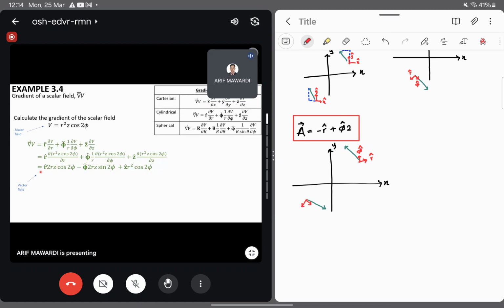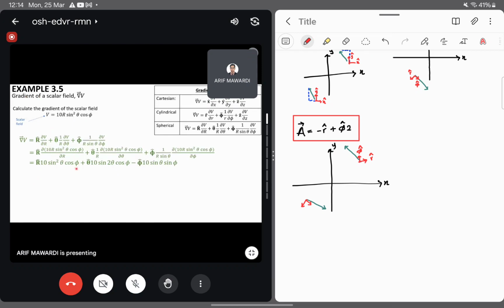You can see that it has these unit vectors here. So if you do a gradient, you go from a scalar field to a vector field.